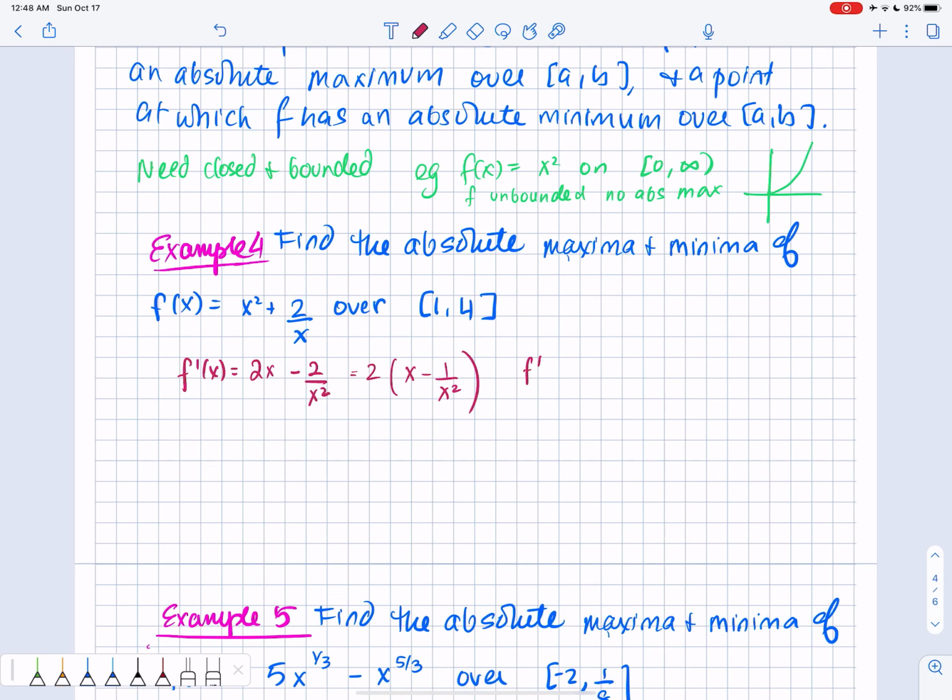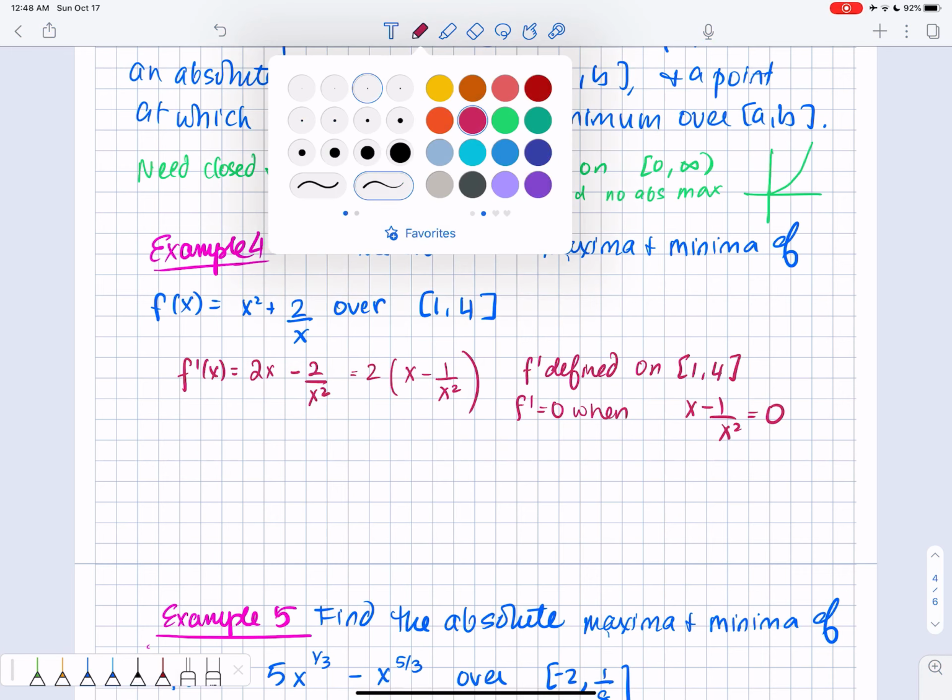So f prime is defined on the whole domain that you're considering. f prime equals 0 when x minus 1 over x squared is 0. Simplify that by multiplying by x squared, if you will. Let's show it in a different color so you can see what we're doing.